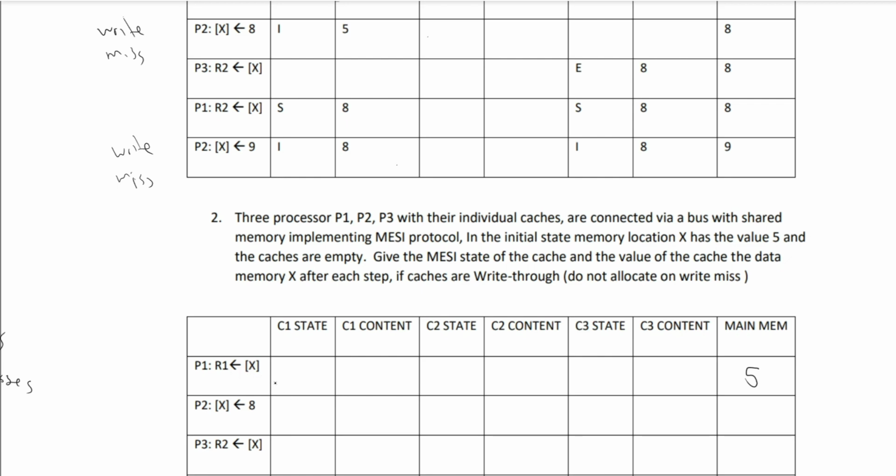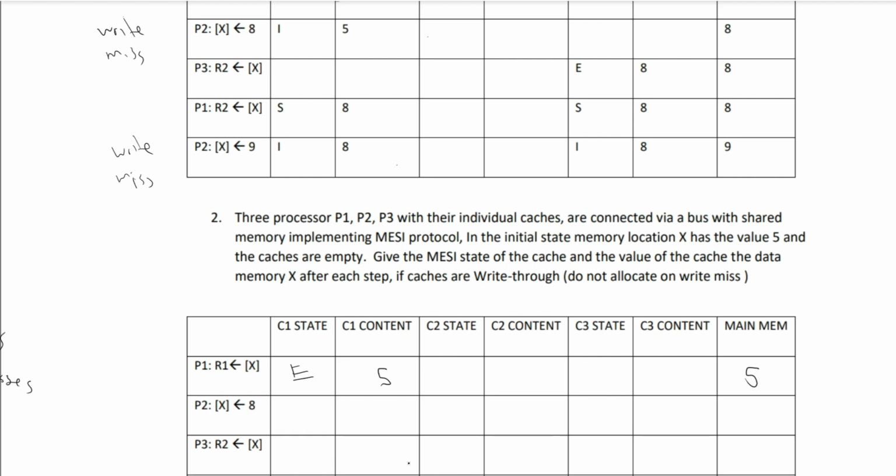So this will be a read, just a regular cache miss, right? A read miss. So we'll bring it to the cache. It'll be exclusive. It'll have a 5. And then processor 2 is going to try to do a write.